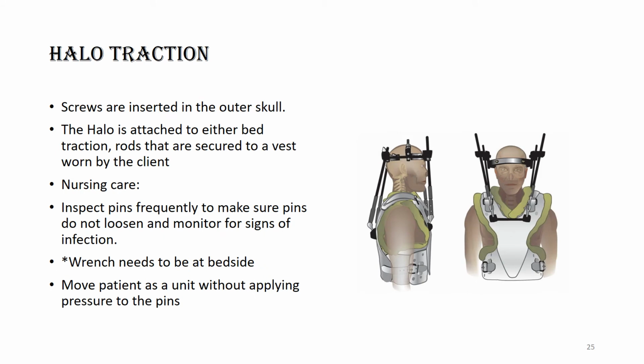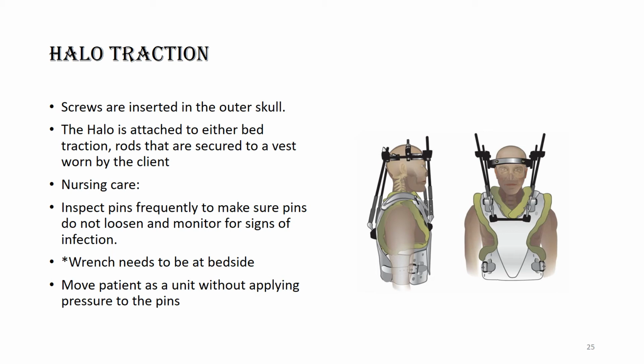And then the halo traction, where the screws are inserted in the outer skull. There's two types of halo tractions, one where the patient's in bed, and the halo traction is attached to the bed, or there's another halo traction that's secured to a vest so the patient can get up and walk around.